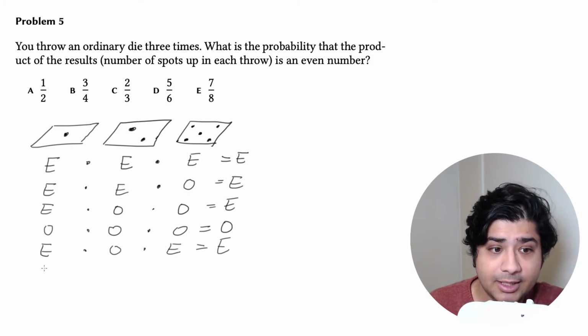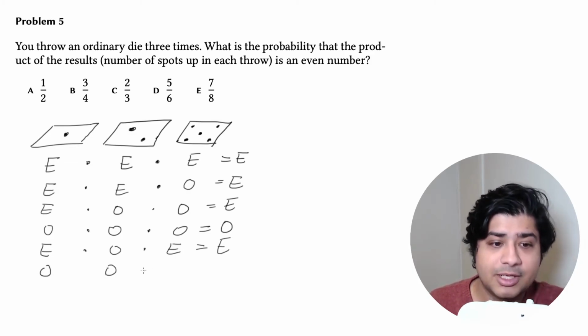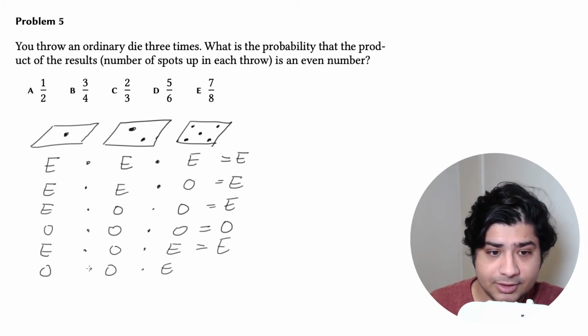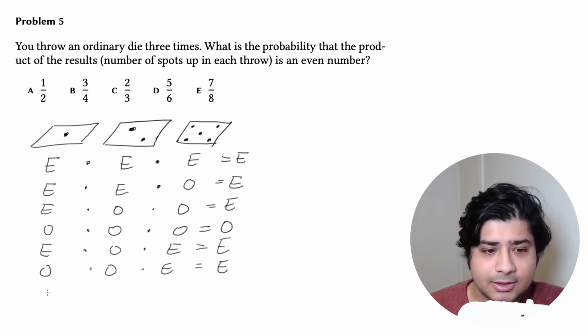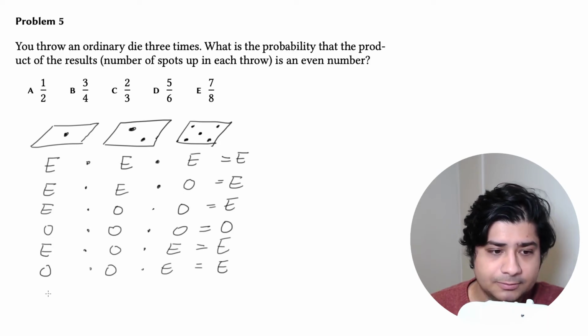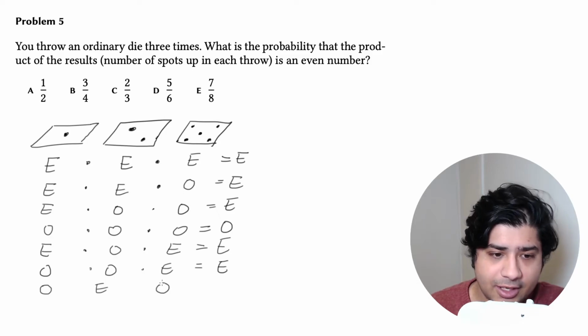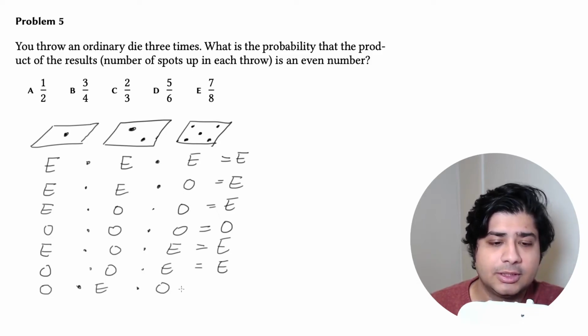Well, it could be an odd number and an odd number, and then an even number at the end. And this would also be even, of course. And then we have an odd number, an even number, and then an odd number, like that, which would give us an even number once more.